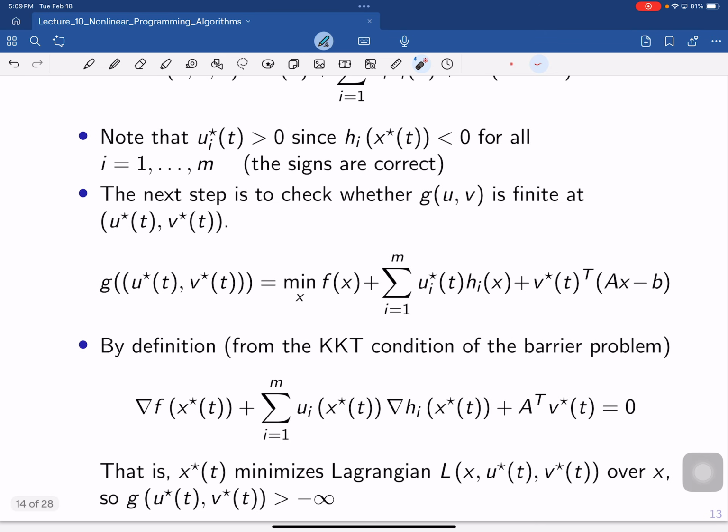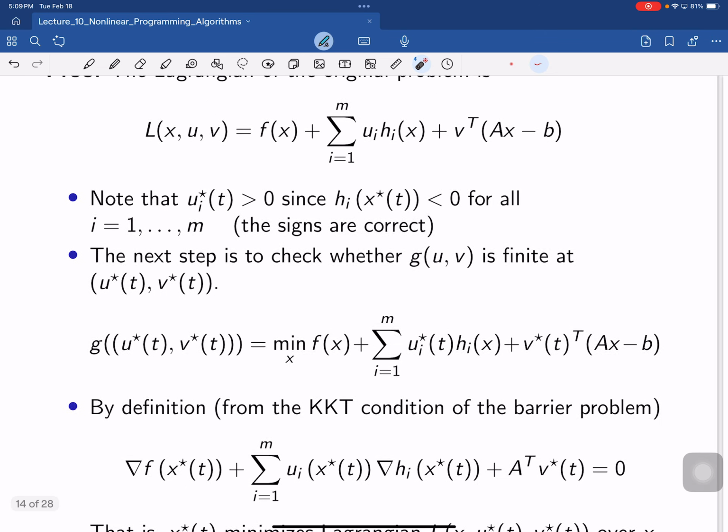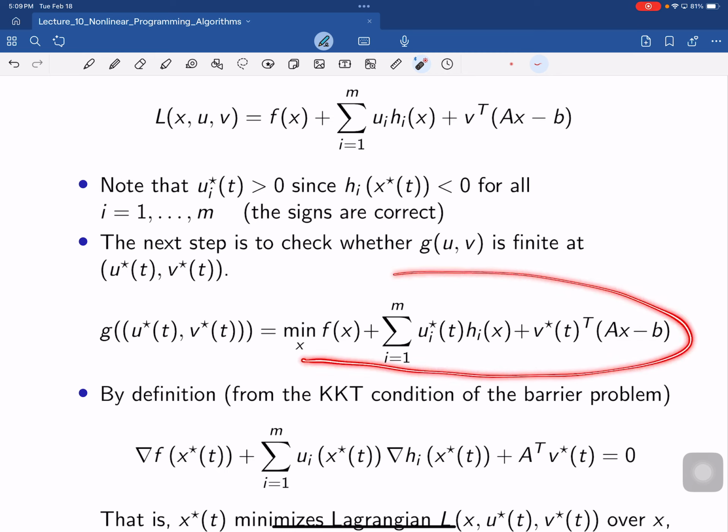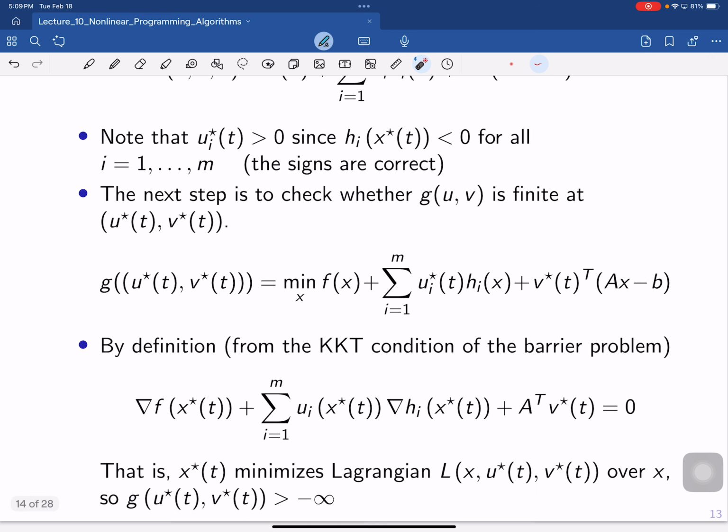So here you set u star and v star to that particular value I just constructed. And then you can show that the x star minimizes this particular problem because this is nothing but the KKT condition of the barrier problem. Right? You can compare this notation with the other one.